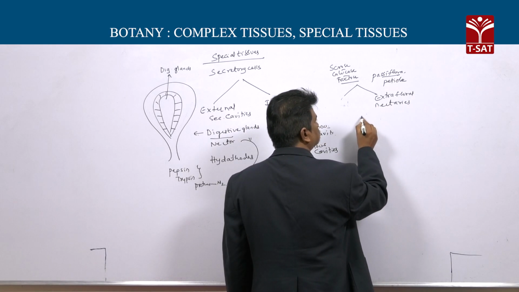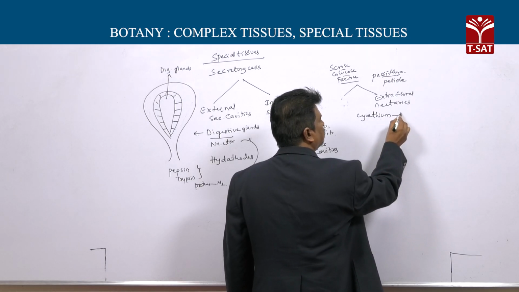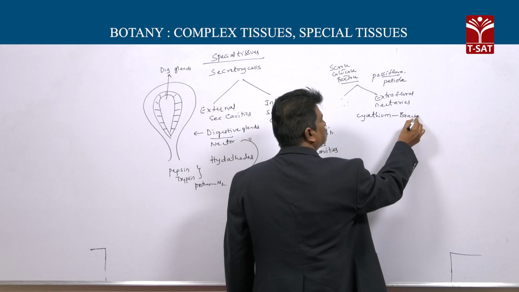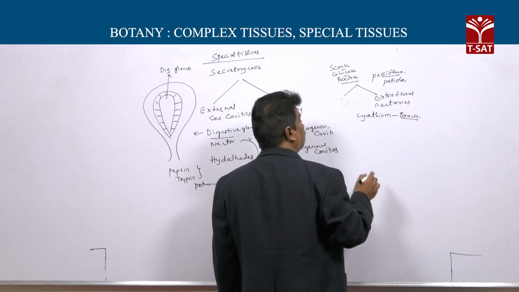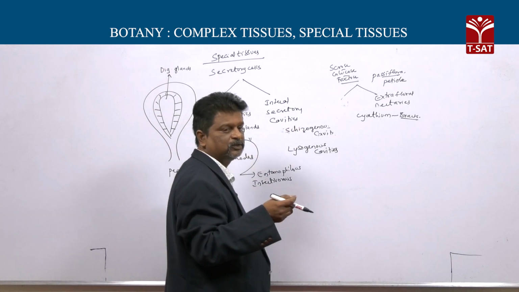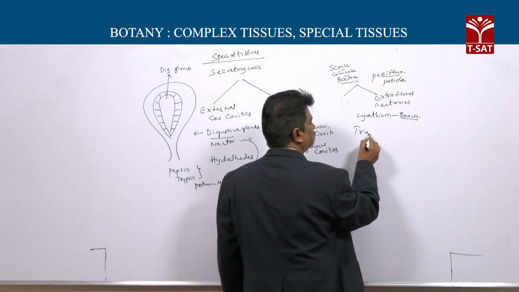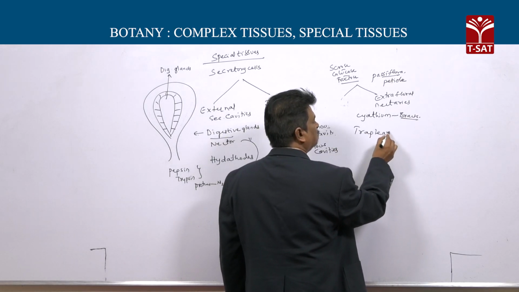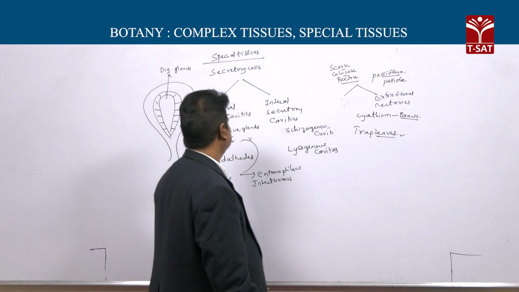In cyathium, outside the bracts, nectar is present. And in all insectivorous plants, the modified leaves or trap leaves contain nectar.